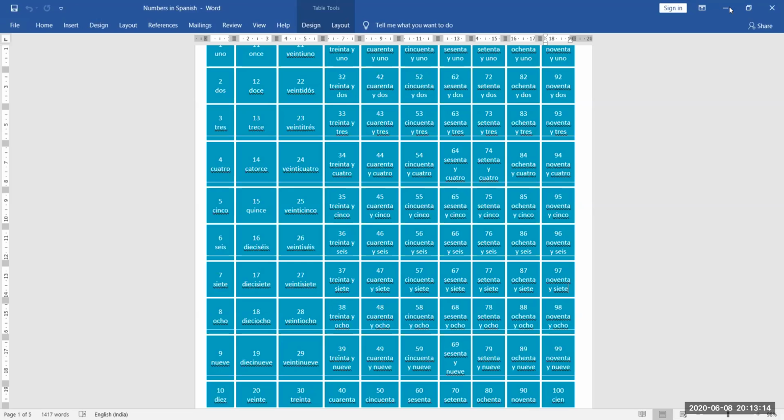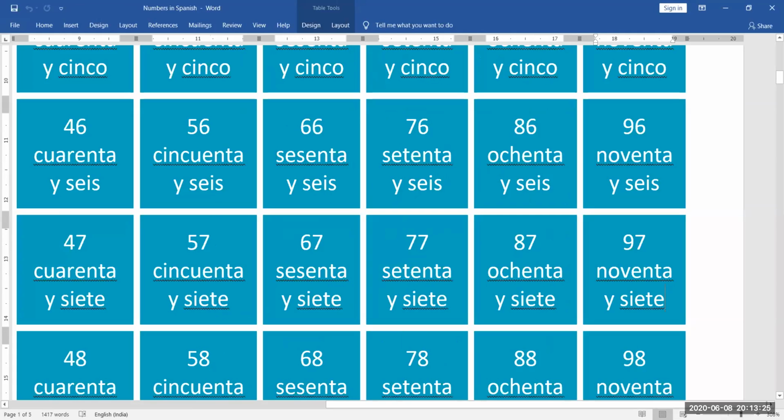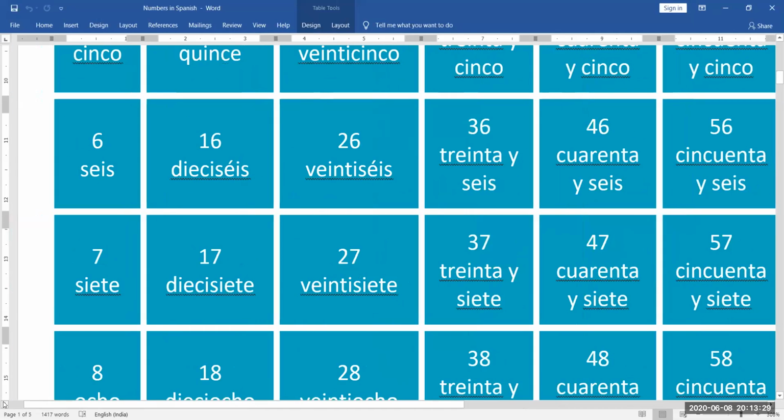So over here, you'll divide this word into three syllables. The first syllable will be die. Second one will be ci. And then you will do seis. Dieciséis.